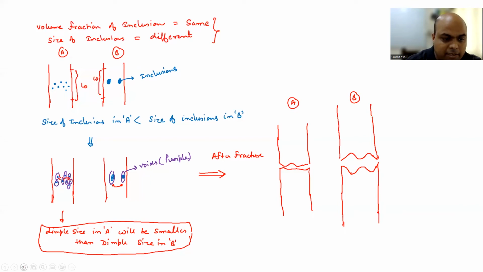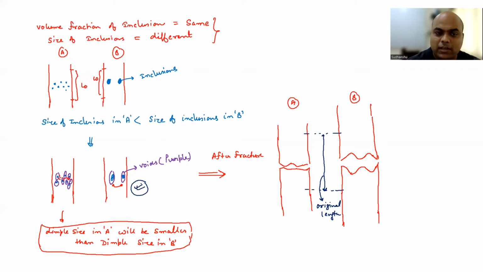Now if my original length was L naught, let's show here, this was say the original length. So in A, you see that the length has increased, right? Because you are doing tensile testing, the material is ductile, the length is going to increase. But in B, you are going to observe higher length, right? Because of the concept I have just discussed.